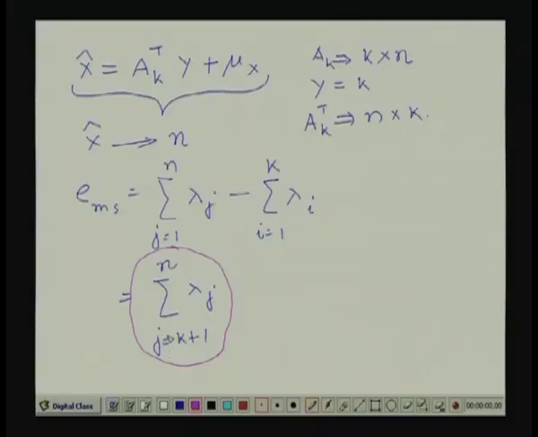That is because this summation consists of only those eigenvalues which have the minimum value. So, that is why the KL transform is often called an optimum transform, because it minimizes the error of reconstruction between x and x hat.